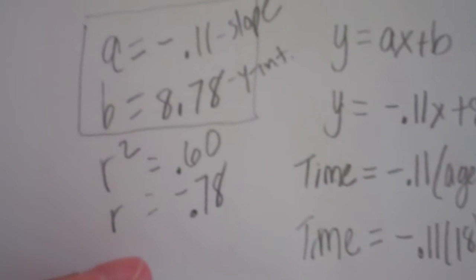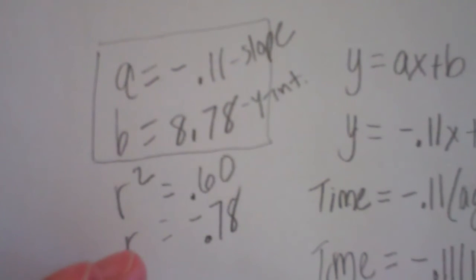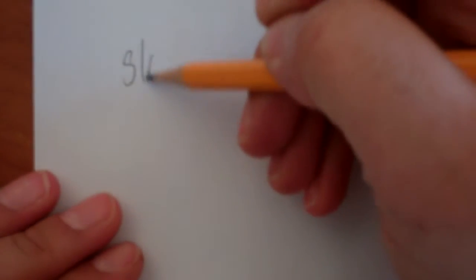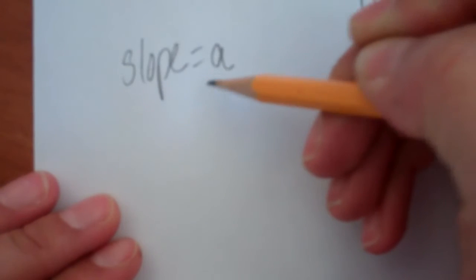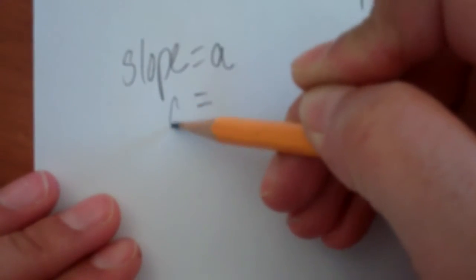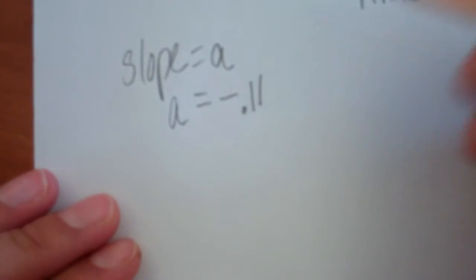Now there's a couple other things that we're going to be able to do, and that's to tell what the rate of change is and what the y-intercept is. In order to describe those, we write sentences. So let's write our sentence for slope, which was our A, and our A equals -0.11.